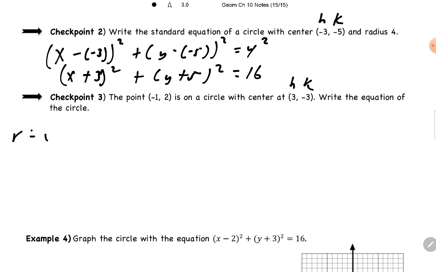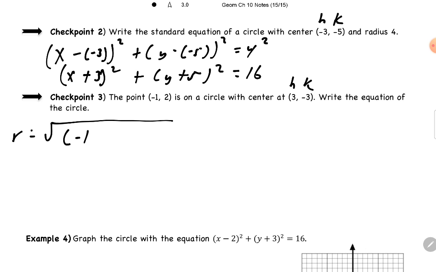The radius is the distance between those 2 points, the center and the point on the circle. So I'm going to do the square root of, I'm just going to do left point minus right point.